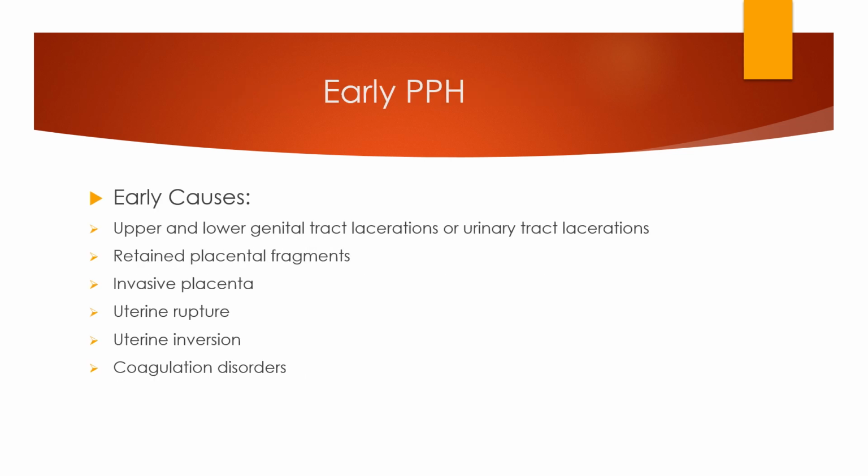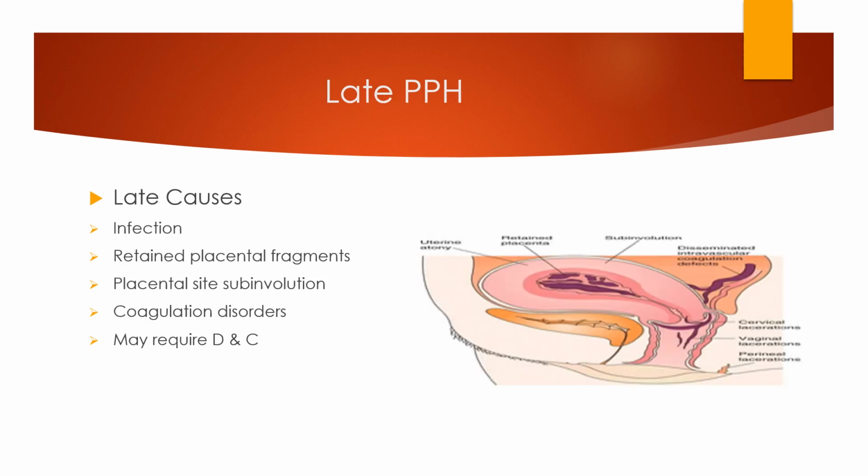Early postpartum hemorrhage, the causes are upper and lower genital tract lacerations or urinary tract lacerations, retained placental fragments. This usually leads to uterine atony, which we're going to discuss in detail, invasive placenta, uterine rupture, uterine inversion, and coagulation disorders.